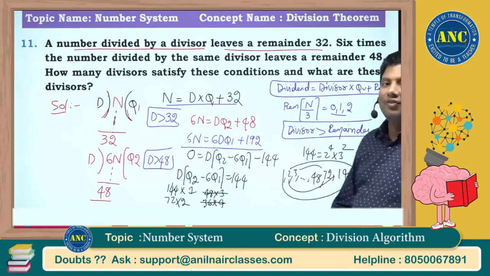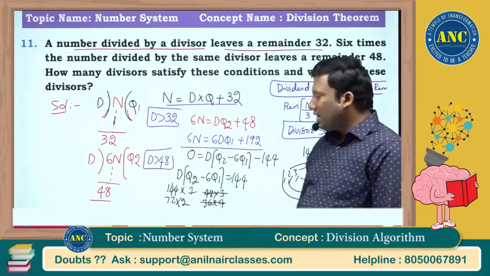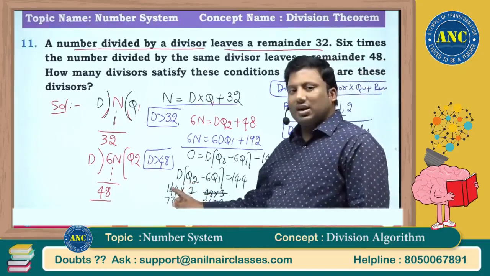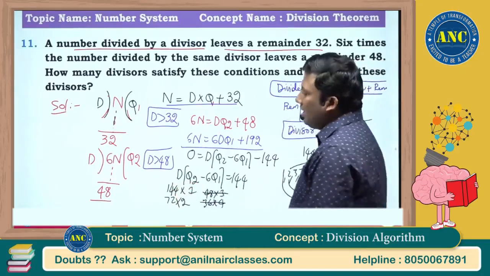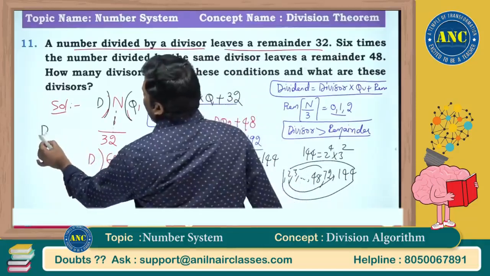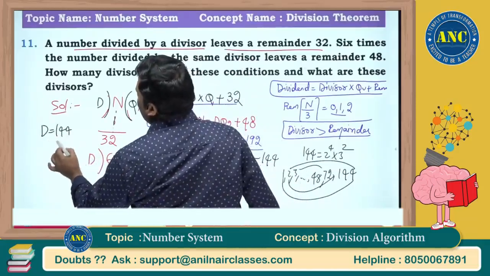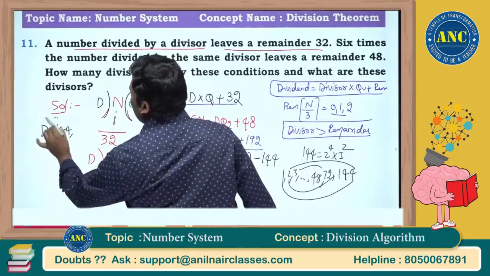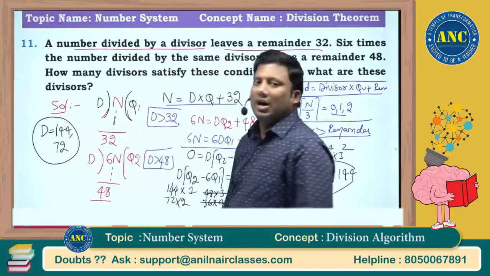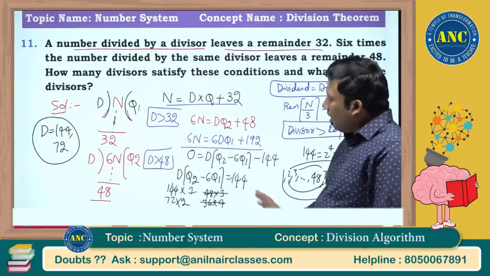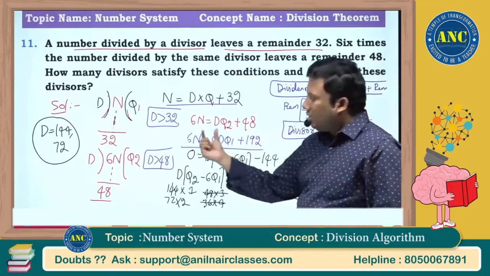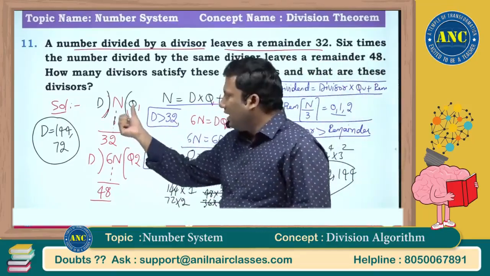I am trying to find the numbers which are greater than 48. Two cases I got, 144 and 72. So how many divisors can it take? 2 divisors, and the values are 144 and 72. I hope this idea is clear.